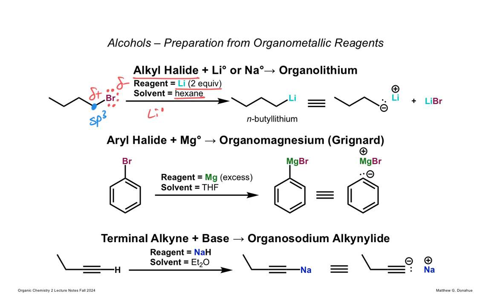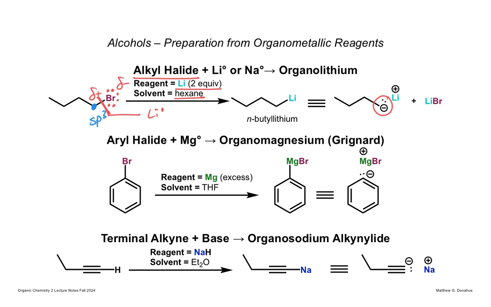A way to think about it is it's inserting into that carbon halogen bond, where the carbon now gets 2 electrons and it becomes negative. So that's what I mean by that delta plus inverting its polarity to full minus.